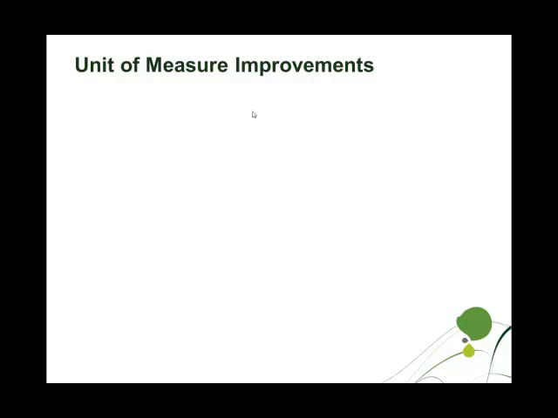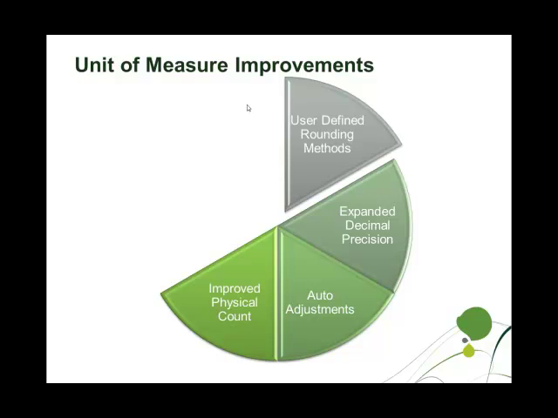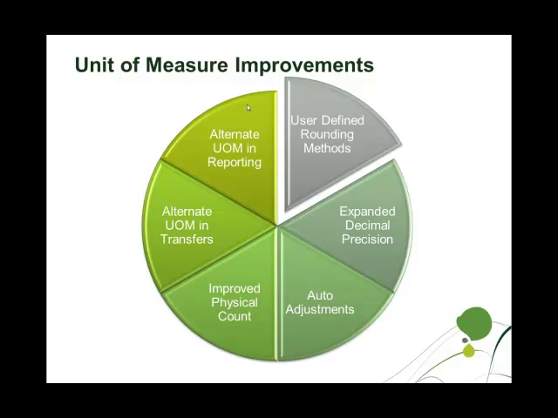In version 7.4, we added user-defined rounding methods so that the user can now define how an item will be rounded. We expanded decimal precision to minimize those rounding errors, added auto adjustments to take care of those minute quantities, improved the physical count process so that it too can adjust out those minute quantities, added alternate units of measure for both transfers and inventory reporting.